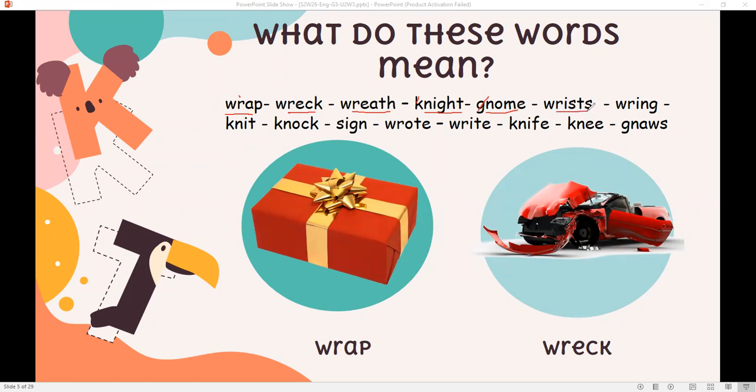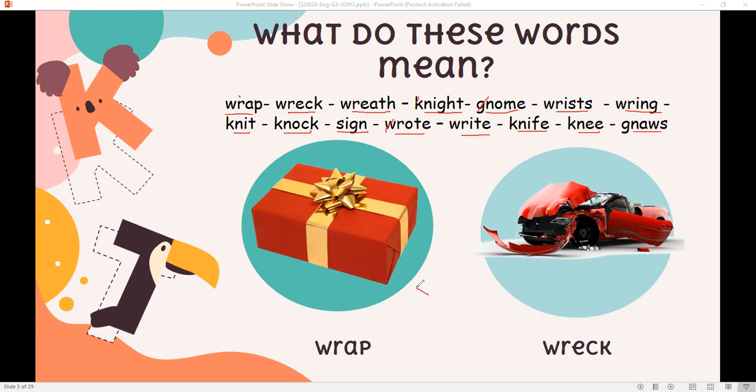Wrists, ring, knit, knock, sign, wrote, W is silent, write, knife, knee, and nose. Now, we're going to learn the meanings of these words.